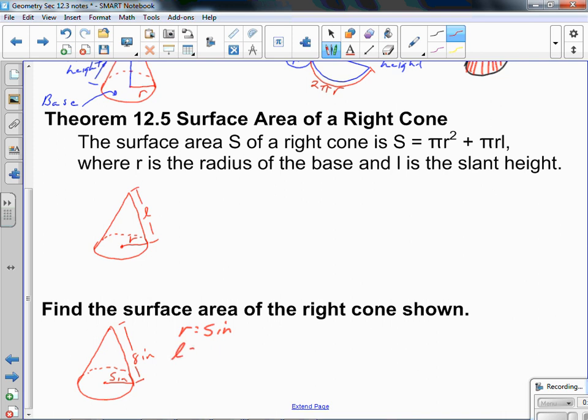The slant height, or L, is 8 inches. So if we plug that into the surface area formula, it'll be pi times 5 squared plus pi times 5 times slant height 8.